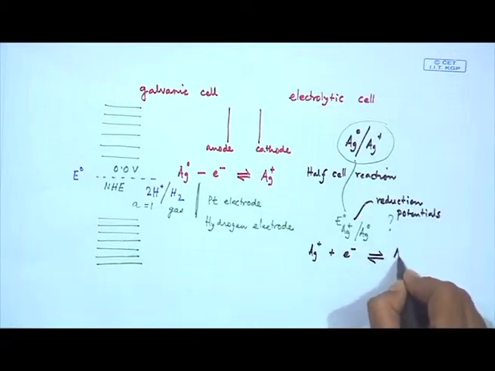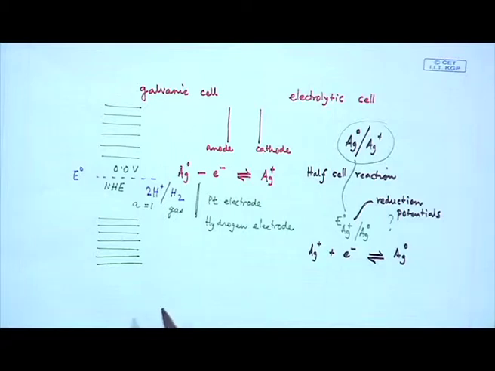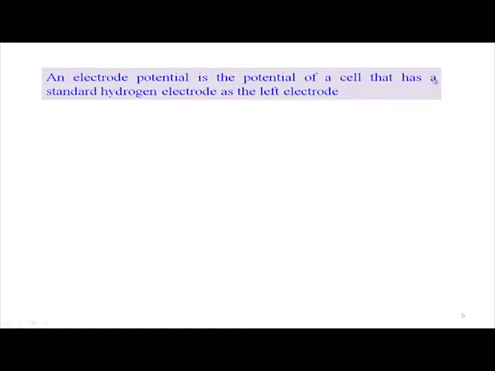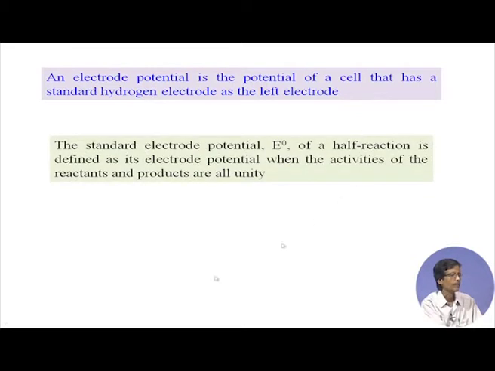So, this will give rise to silver 0 as the typical reduction reaction. How we measure this E0 value is very simple: you connect it with a standard hydrogen electrode as your left electrode. The species whose E0 value we will be measuring is on the right and the hydrogen electrode is on the left. Then we get the standard electrode potential as your E0.